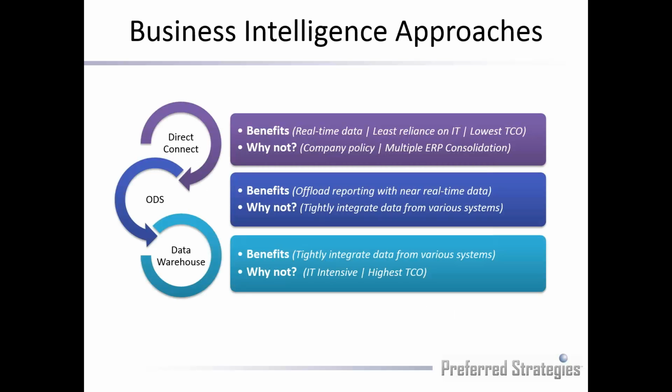As I mentioned before, we support the three primary approaches to BI. If you want to connect BI and reporting directly against JD Edwards, what we're showing you today is direct connected to JDE. We support that if you want to move to what we call an operational data store, which is more of a mirror of JDE, but you're no longer hitting your production system. That's a replicated data set.